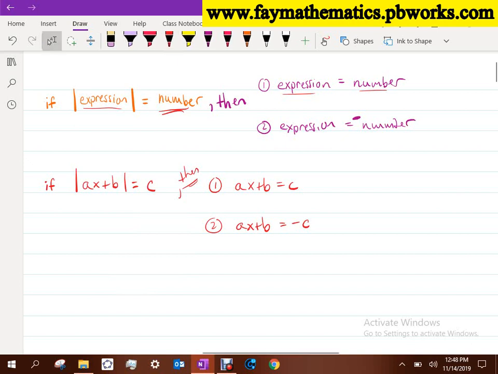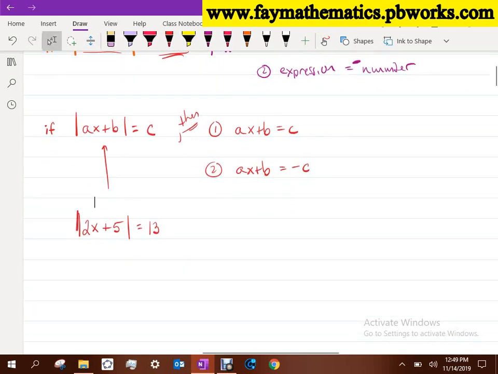So here's the question. Does this, as a specific problem, match this right here? Yeah, we've got an expression inside the absolute value bars, and the absolute value bars are by themselves.